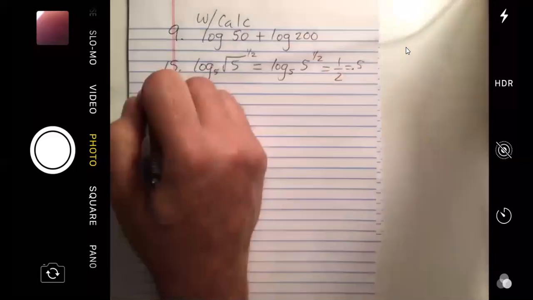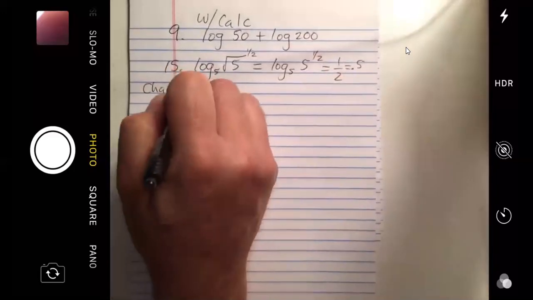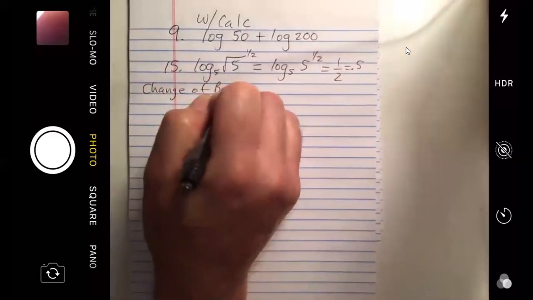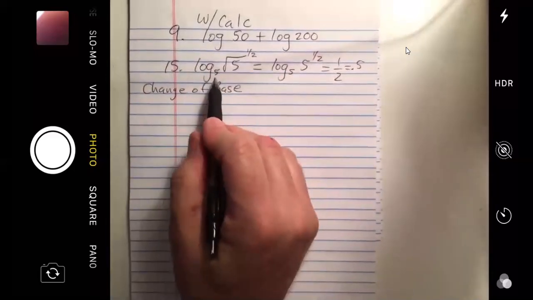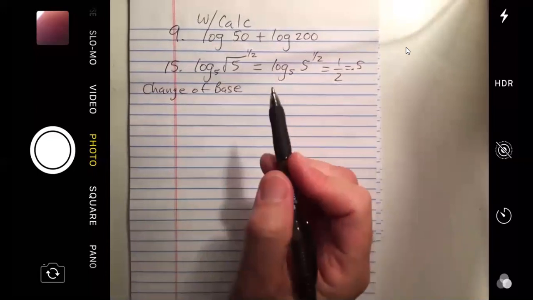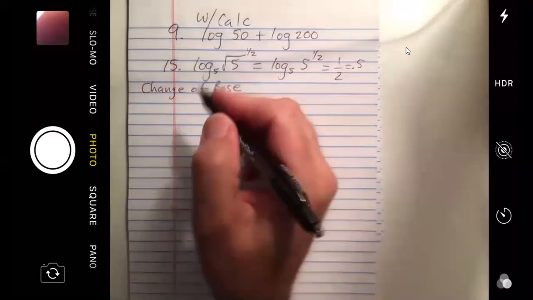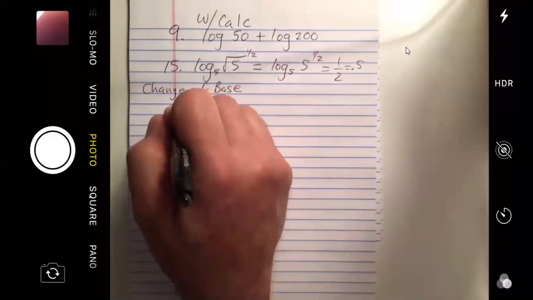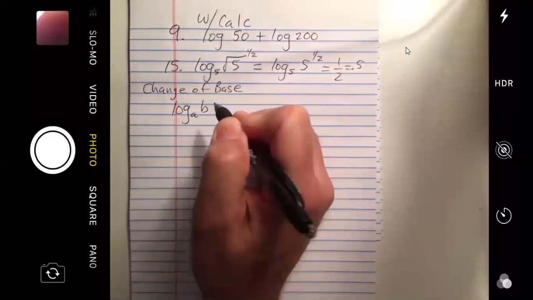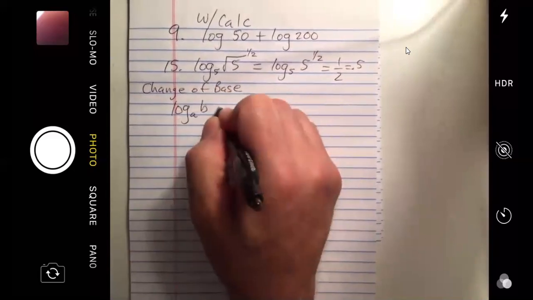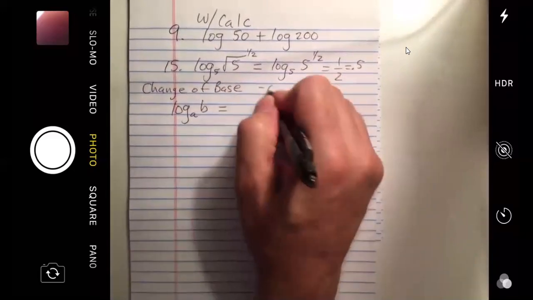Let's bring in the change of base. There's no log base 5 key, so it can't be punched like number 9. Change of base says if I go log base a of b, I can always convert to ln.